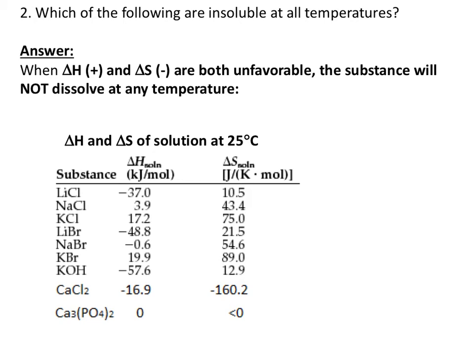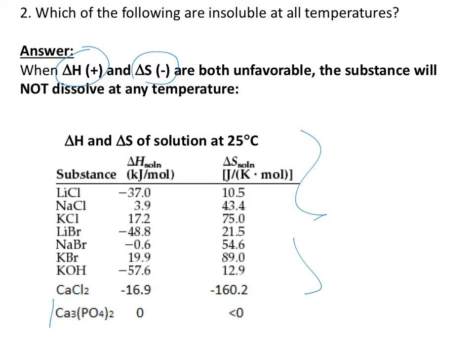Let's look at one of the other questions. What if I said, which of these in this table would be insoluble regardless of the temperature? Then you would have to know that both enthalpy and entropy would be unfavorable. So are there any samples in that table where enthalpy is positive and entropy is negative?